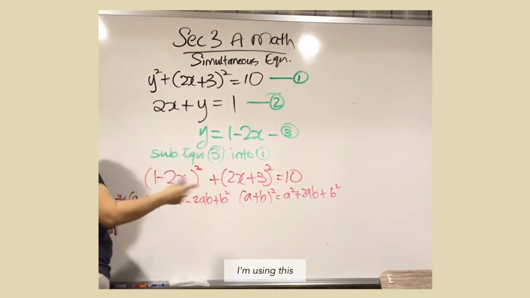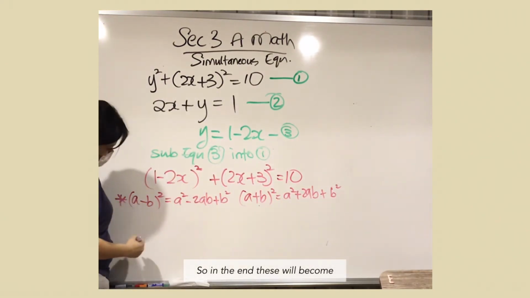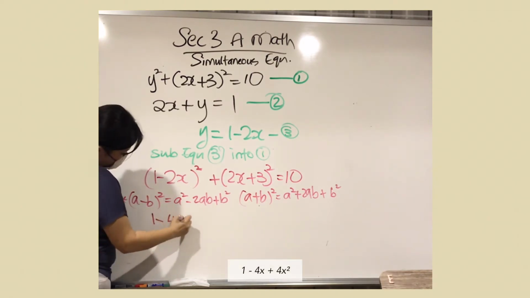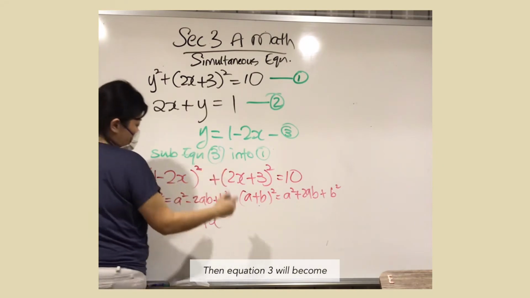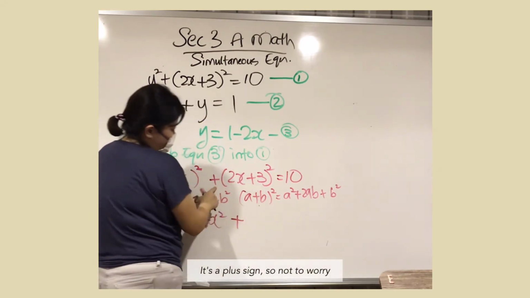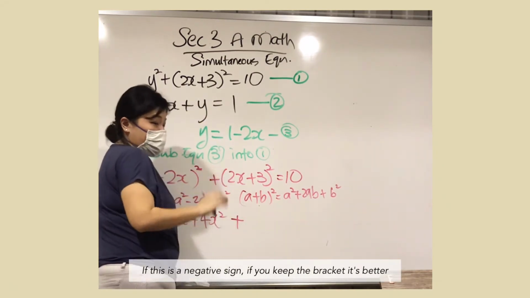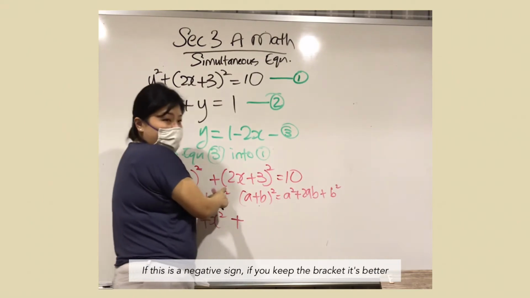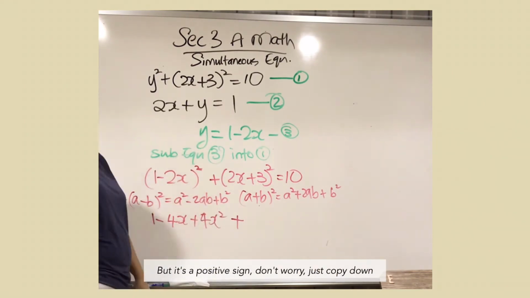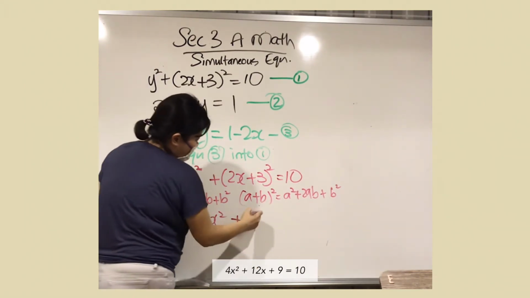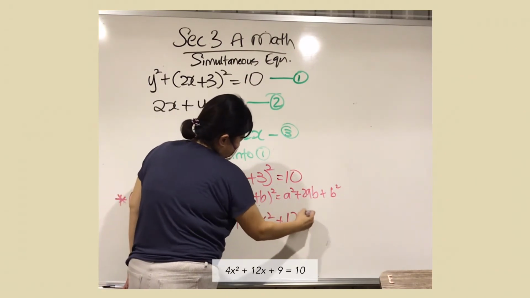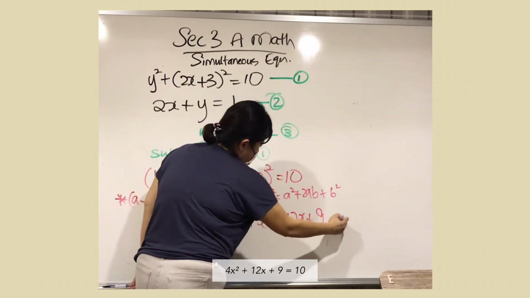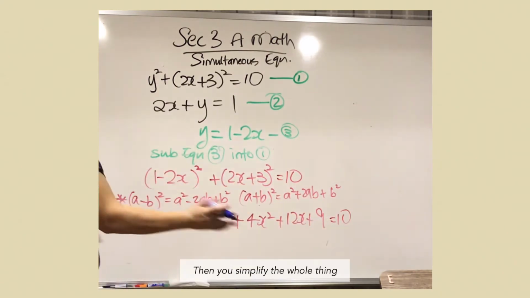I'm using this. Then this one will become, it's a plus sign, so not so worried. If this is a negative sign, you still keep the bracket better. It's a positive sign, so don't worry, just copy down: 4x squared plus 12x plus 9 equals 10. Then you simplify the whole thing.